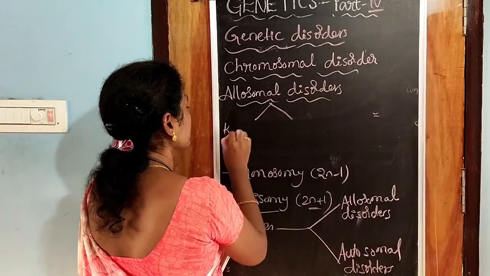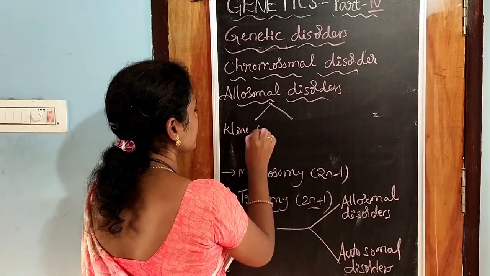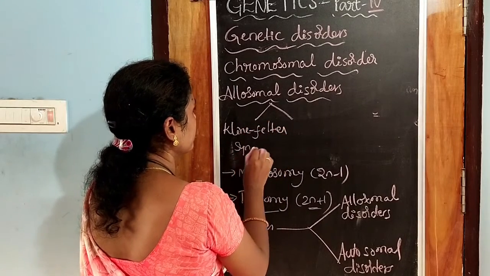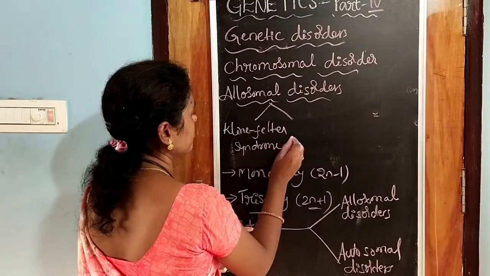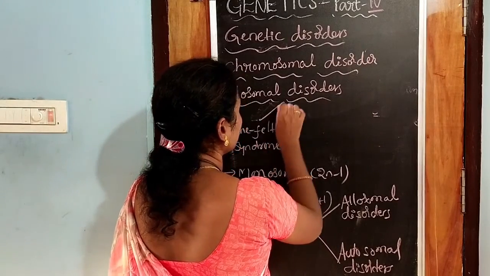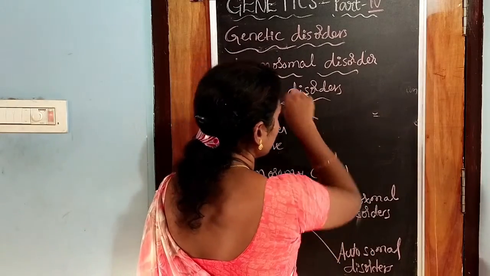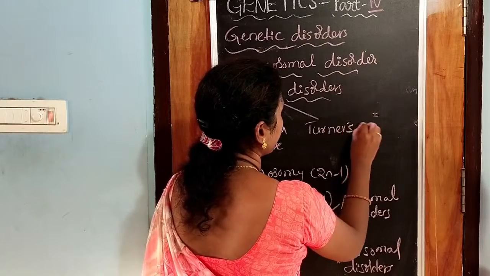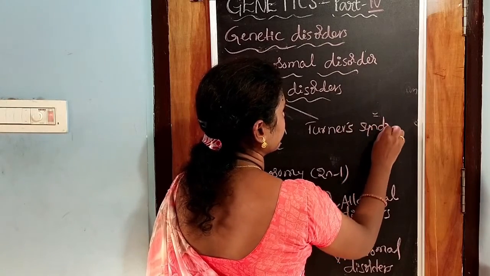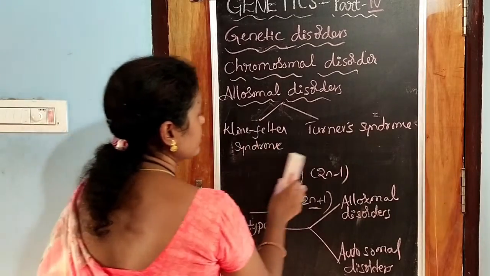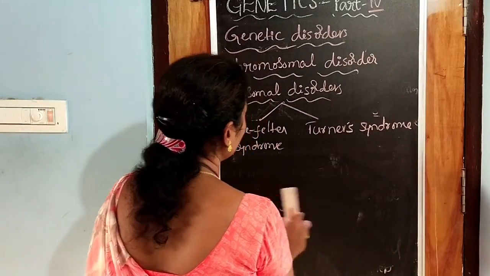One is Klinefelter syndrome, and the second one is Turner syndrome. First of all, we discuss what is Klinefelter syndrome.